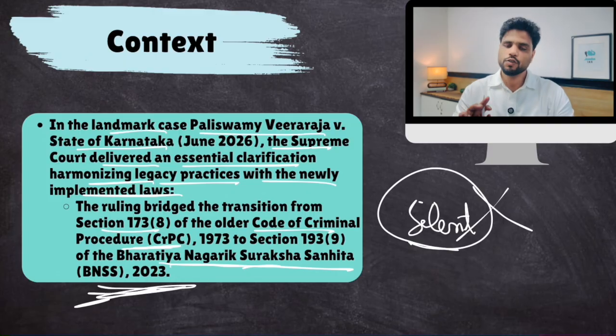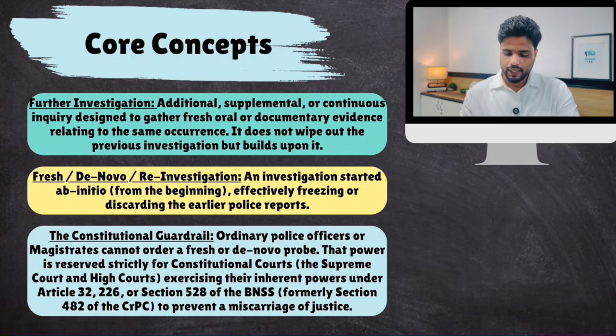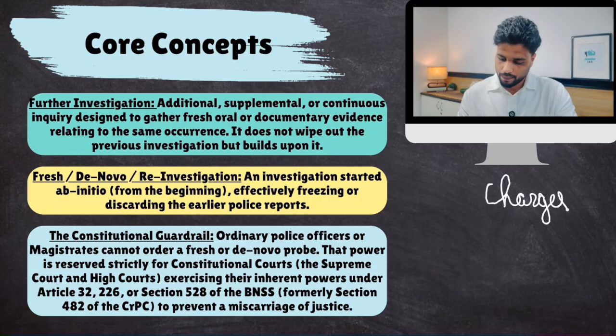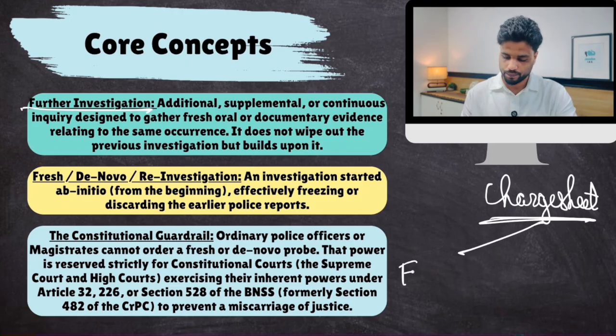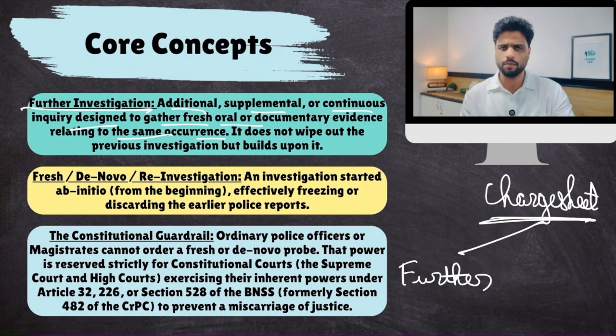So, first of all, you need to be aware of certain core concepts. There are two terms. After filing a charge sheet, there are two things that police can do. One is further investigation: additional supplemental continuous inquiry designed to gather fresh evidence relating to the same crime.